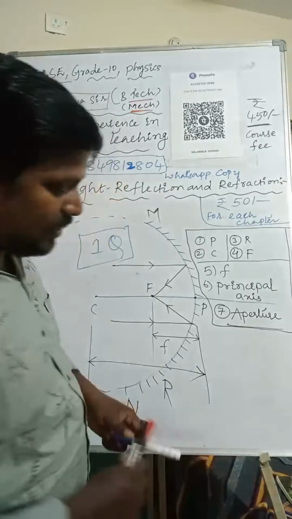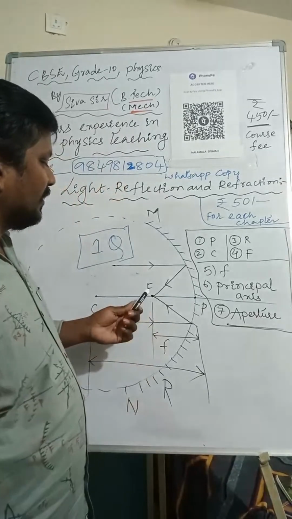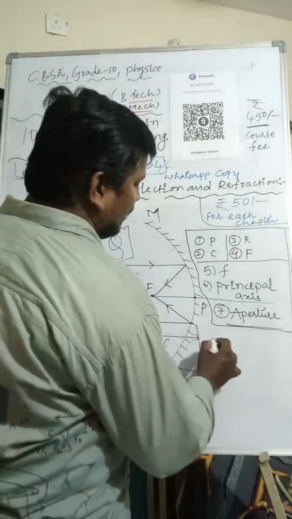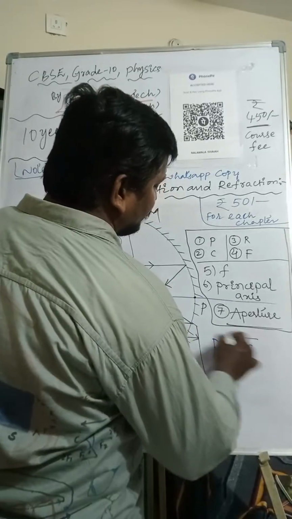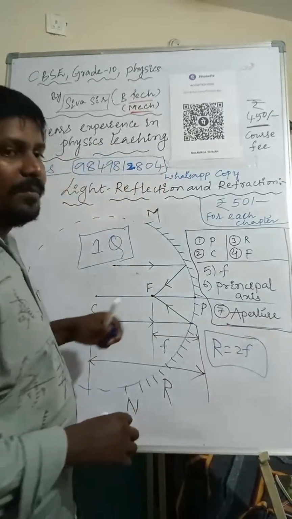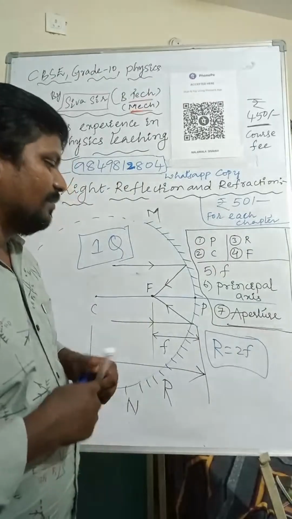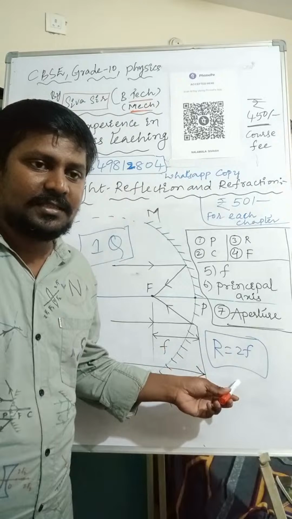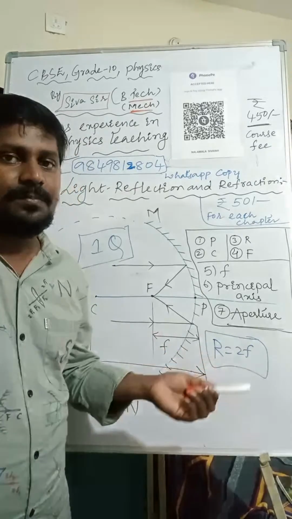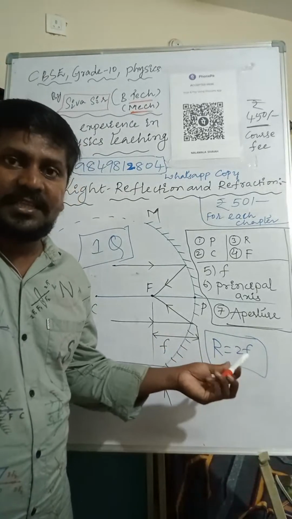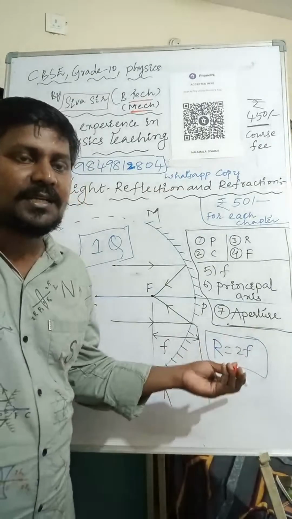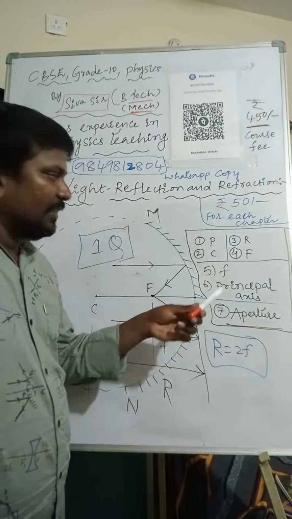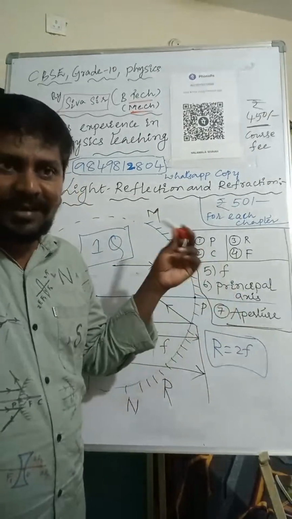And one more thing: radius of curvature is twice the focal length, R equal to 2f. Based on this, problems also they will ask, simple problems. This is a very, very important formula. These definitions are very, very important, so surely they will ask one question.